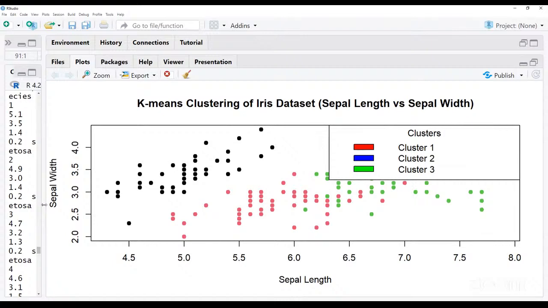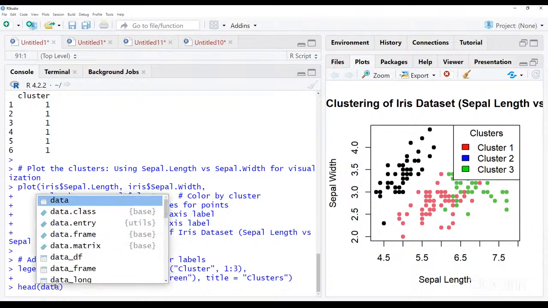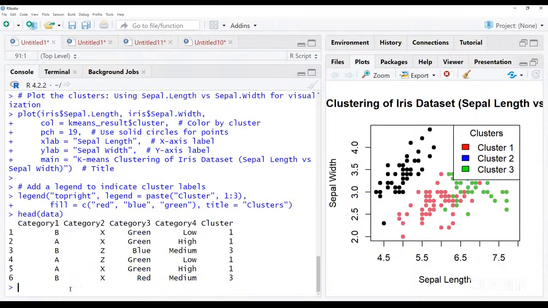So Farah, now you go to your script. Just write down head, bracket, data, then enter. Now first you write down head iris.